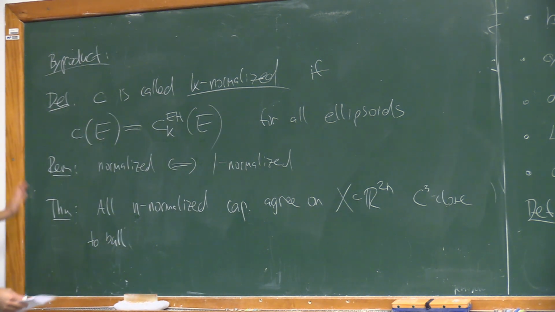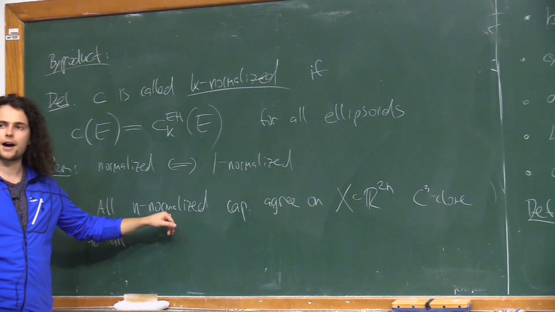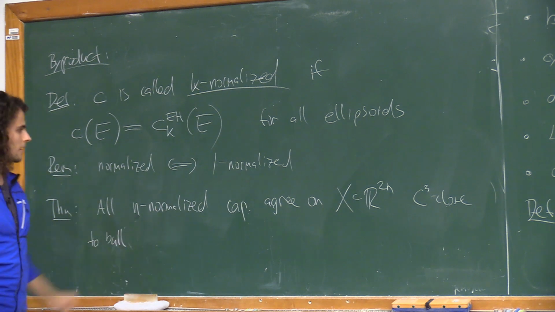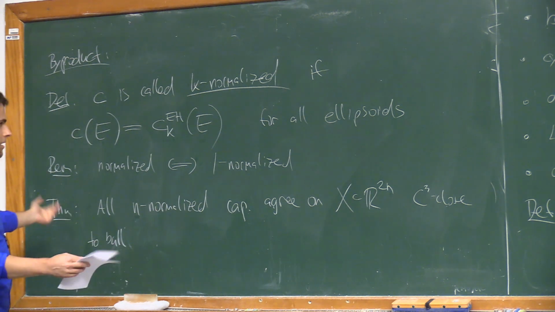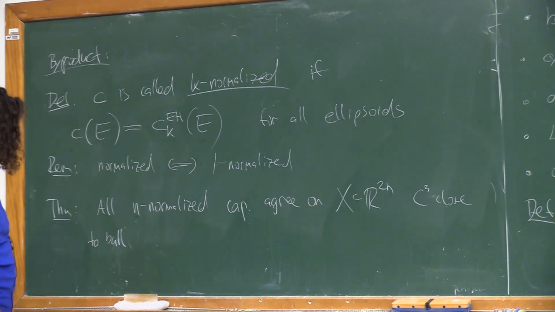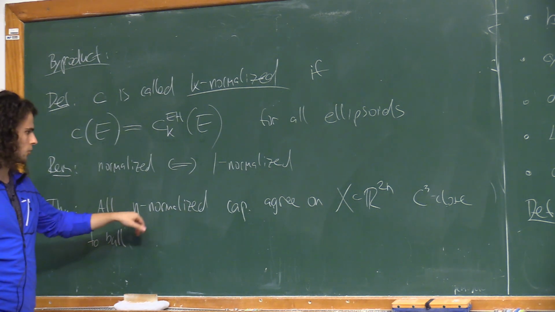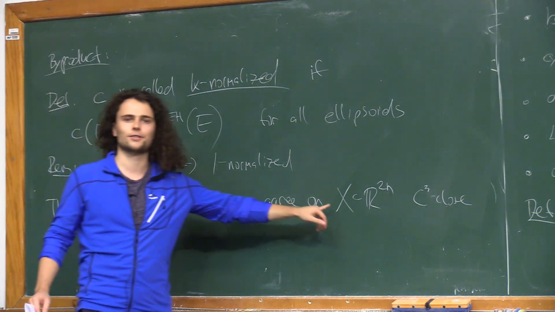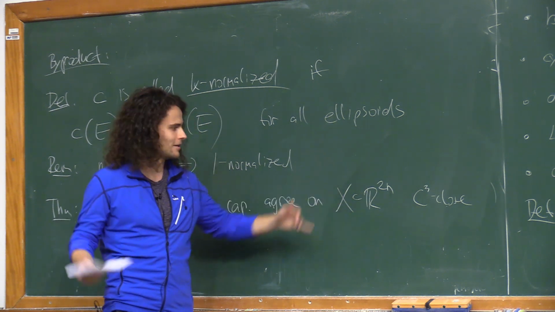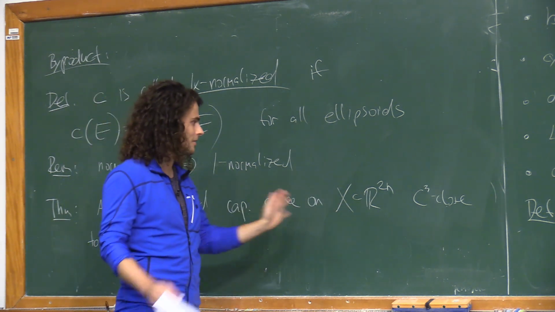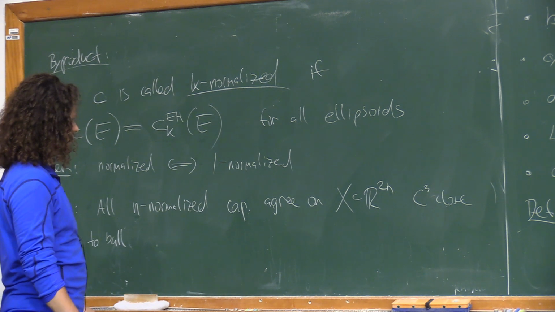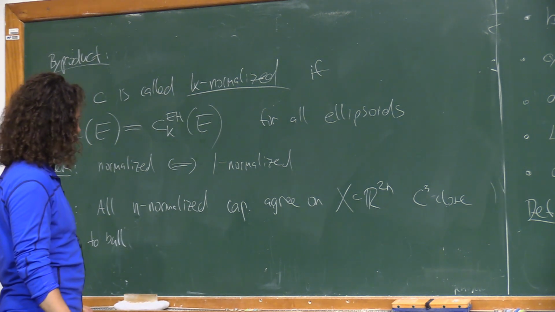Right, and I don't really want to say that much more about this result, but it's going to become relevant in Marco's talk, where we will hear more about these higher normalized capacities. Right, so maybe one wanted to conjecture or ask, do all n-normalized capacities agree on all convex domains? So it would maybe be the generalized strong Viterbo conjecture. Yeah, but I guess we will hear more about that tomorrow.